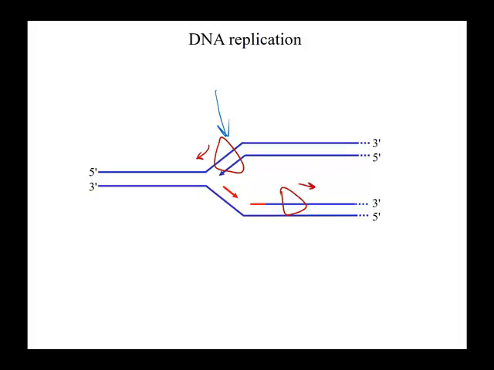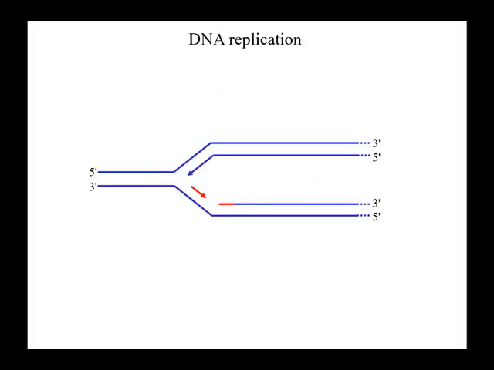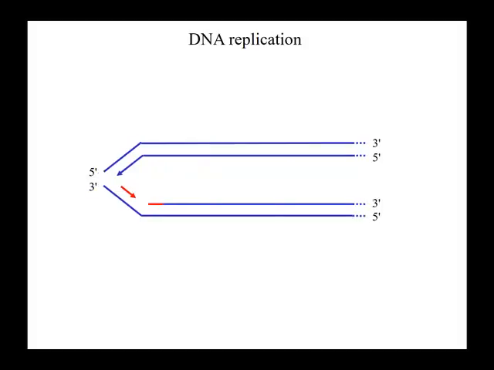Okay, here's our topoisomerase and our helicase right there. There's our helicase, the demented flower. Here's our topoisomerase guy. Okay, so we keep going forwards, keep going along to the left here until we reach the end.